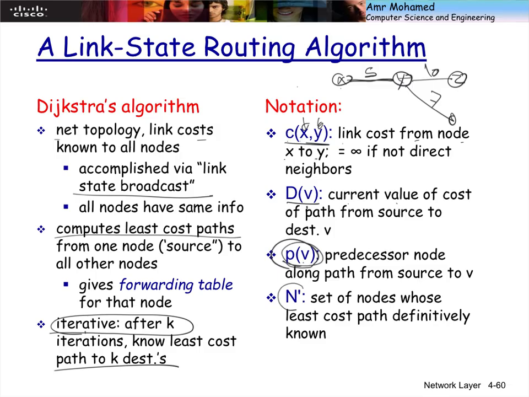N dash here is the set of nodes that I included in the shortest path tree. Once N dash equals N, then I stop. Clear?